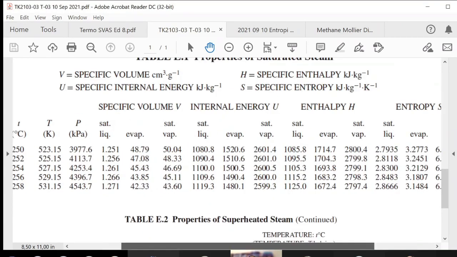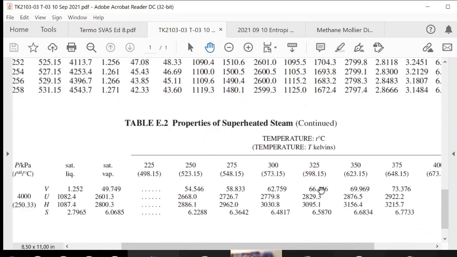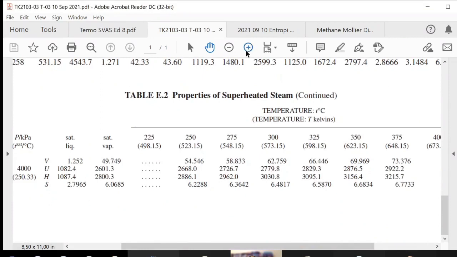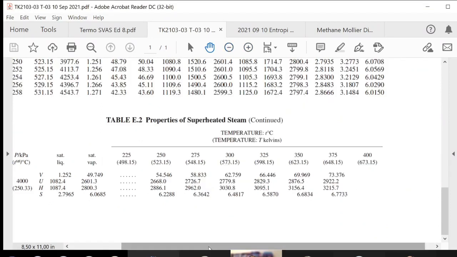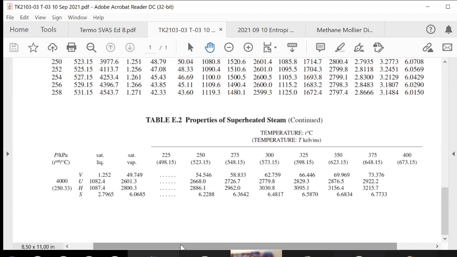Okay, now we have another, that is the superheated steam. Remember, if we talk about the methane, superheated means on the right-hand side, outside the dome. Okay. In a certain pressure, if I have a pressure of 4,000 kilopascal over here, what is the temperature of the dome?